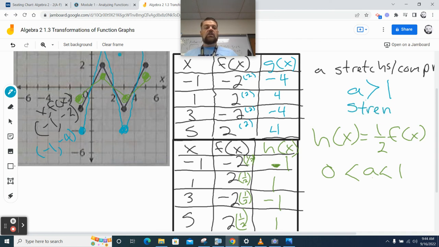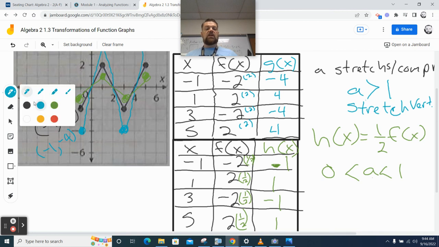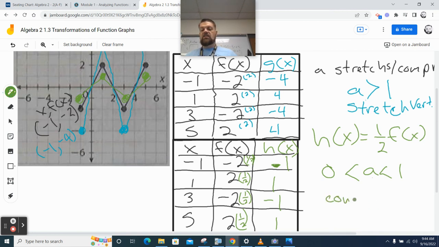And when I say stretch, I mean that vertically. So we're going to say stretch vertically. And when a is between 0 and 1, it compresses vertically. Okay? What do you think of that?